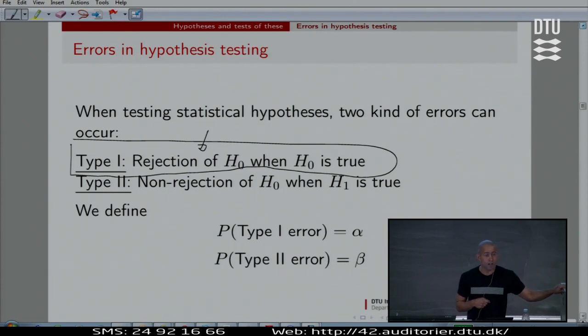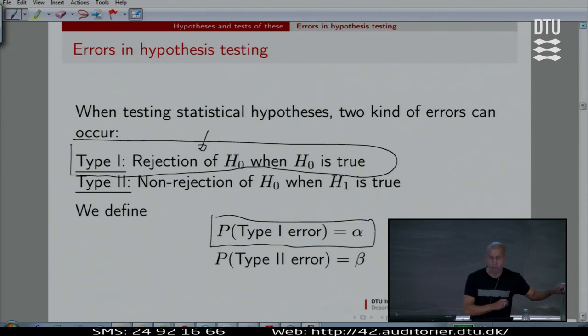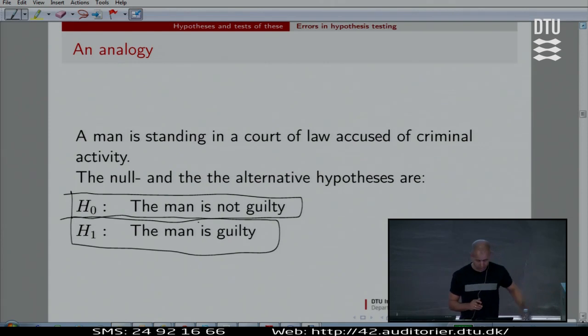And there is a risk of making this error when we look at numbers. We call this risk alpha. And of course, we want this risk to be low, right? We don't want to put a man into jail if he's not guilty. In the Danish system, it's claimed that this alpha should be 0. In practice, probably it's not 0, but we hope it's very, very low, that you would never be put into jail unless it's proven without any doubt that you are guilty.